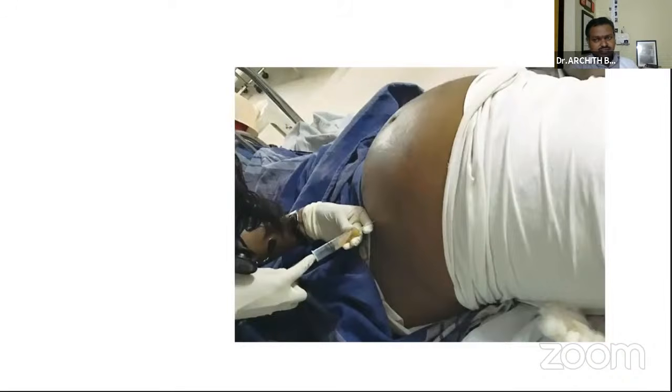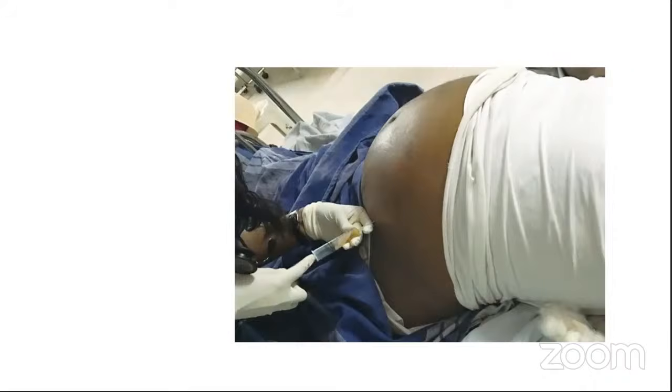You can do it on the right. So where do you do it actually, the point? Between the medial two-thirds and lateral one-third, or the maximum dullness. Between the umbilicus and the spino-umbilical line.